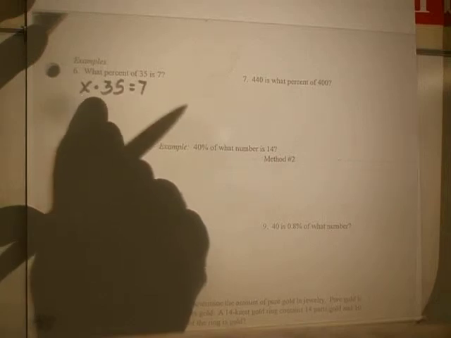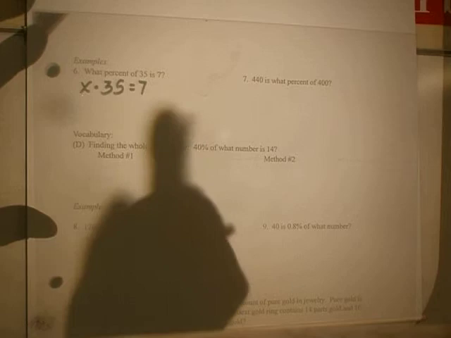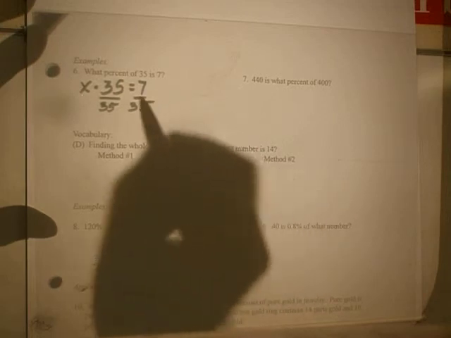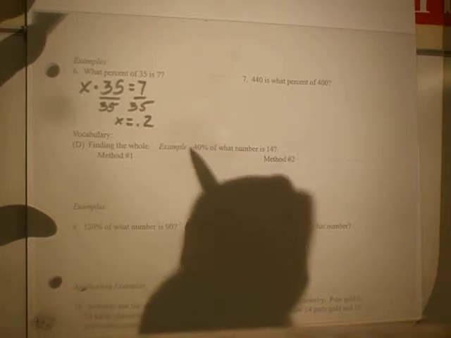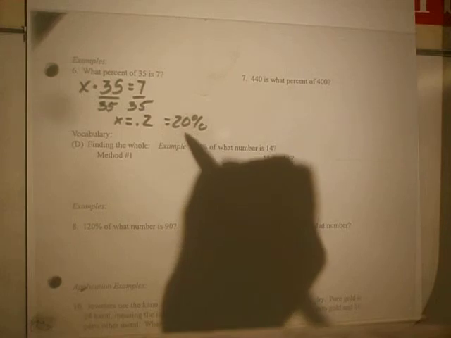So what percent is my unknown? Of means multiply. 35 equals 7. Dividing both sides by 35, you have 7 divided by 35, and that is 0.2, which is 20%.